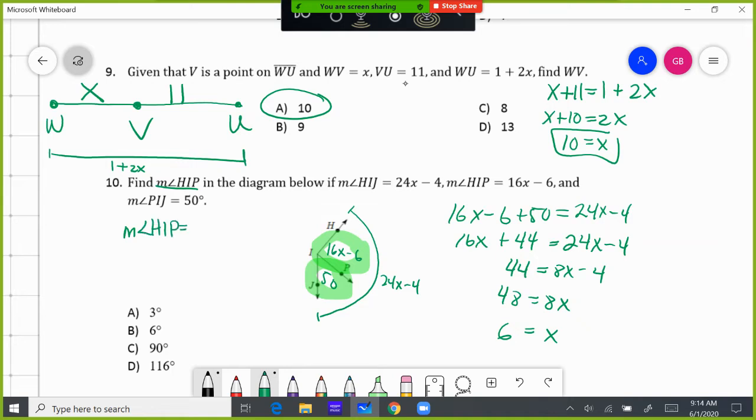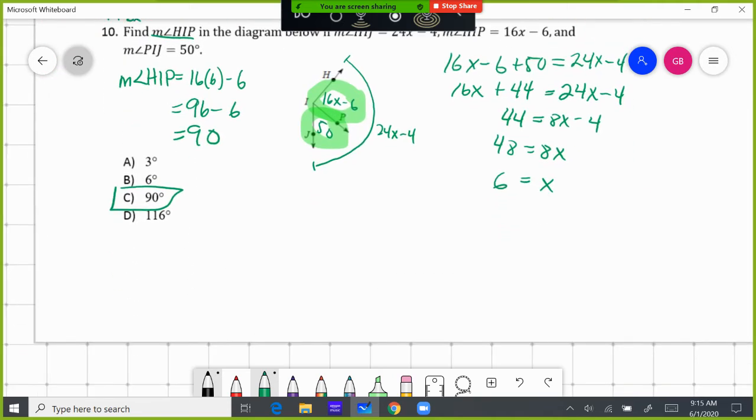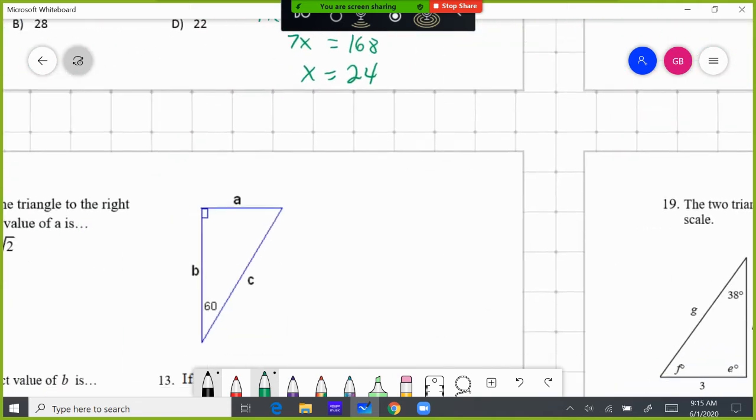It's going to be 16 times 6 minus 6. 16 times 6 is 96, minus 6 is 90. Okay, that was 10. 11.